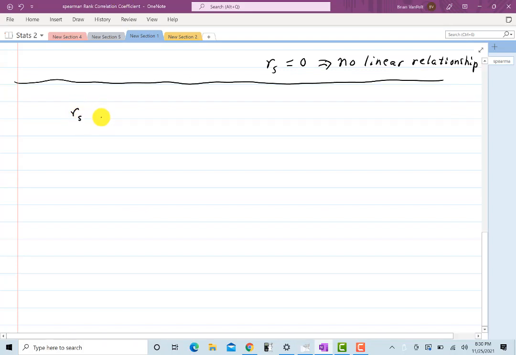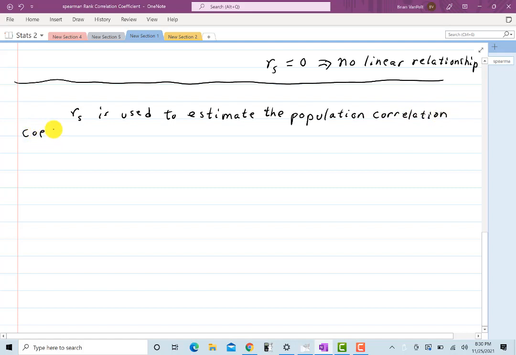R sub s is used to estimate the population correlation coefficient rho sub s.